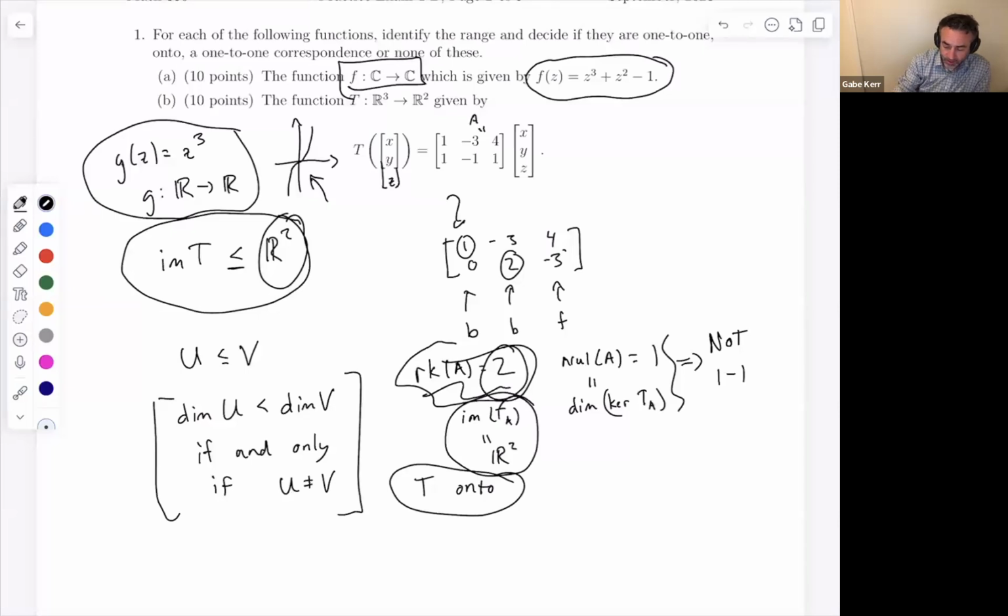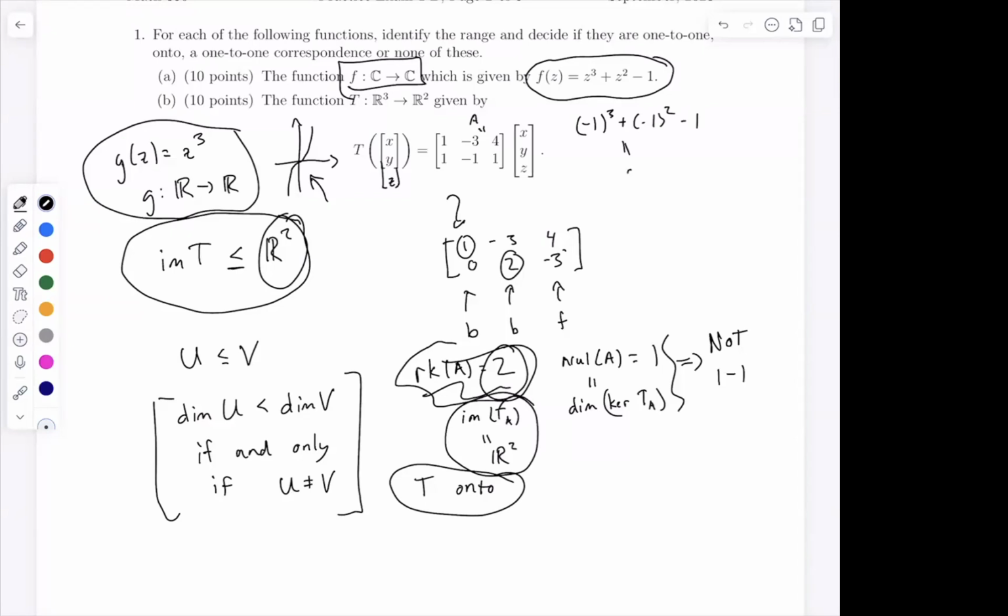So z cubed is something cubed, z squared is something squared. If you look at something like -1 cubed plus -1 squared, what do you get? -1 cubed plus -1 squared is -1 plus 1, which is 0.